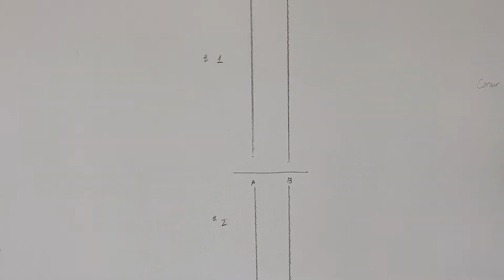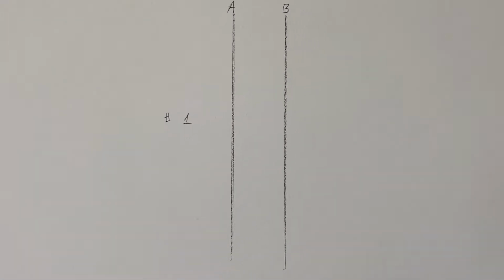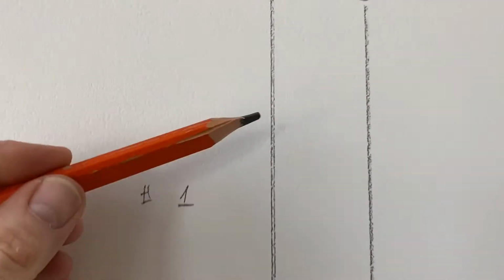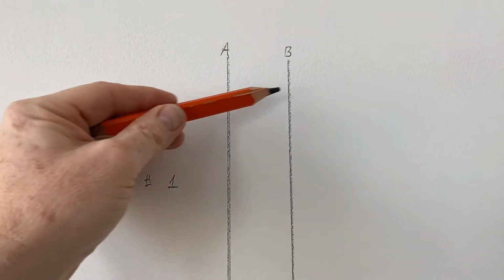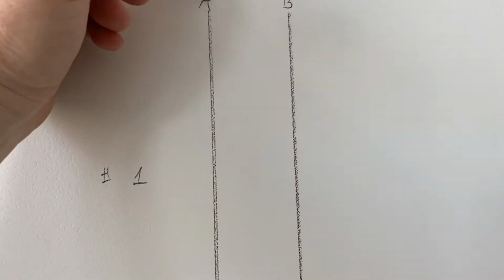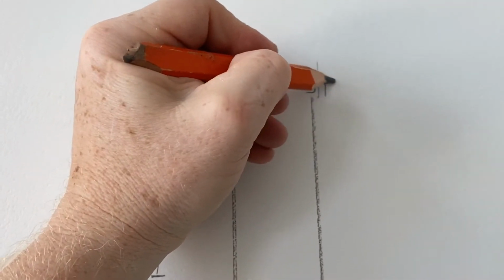Let me explain reversing better than I did earlier. This is sheet number 1, right here. You have the left side and the right side. We're going to call it A or left and B or right.